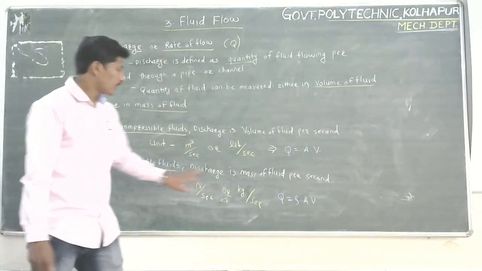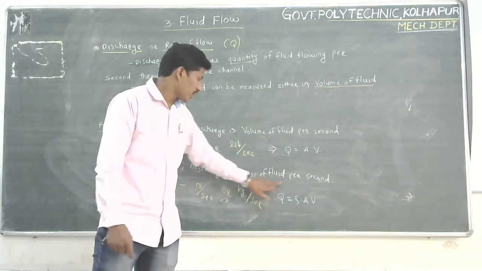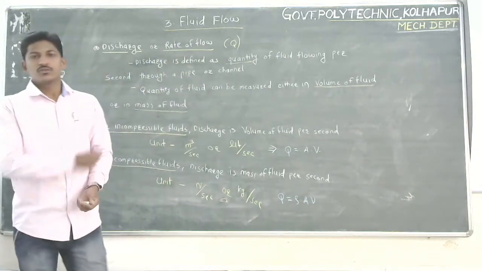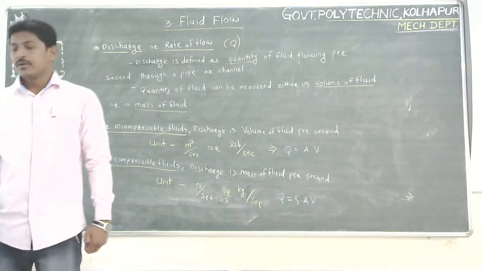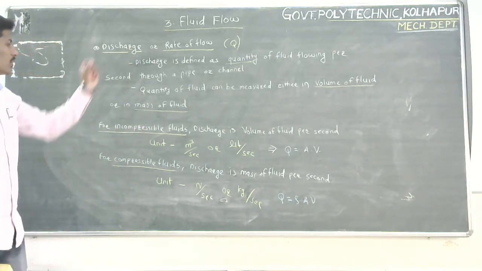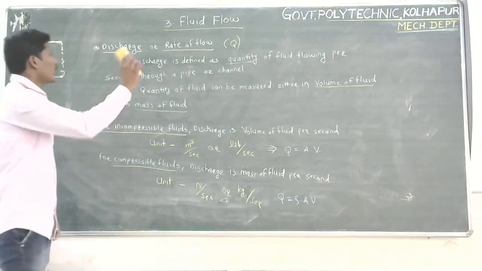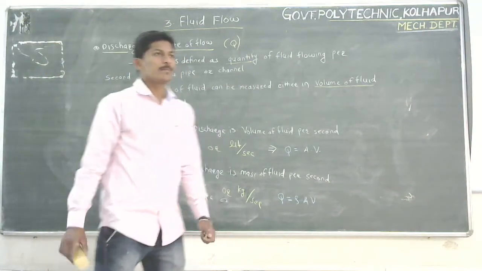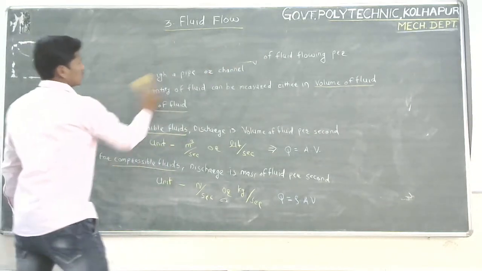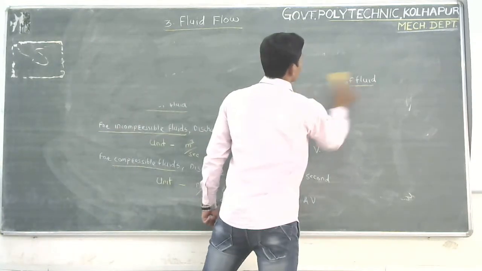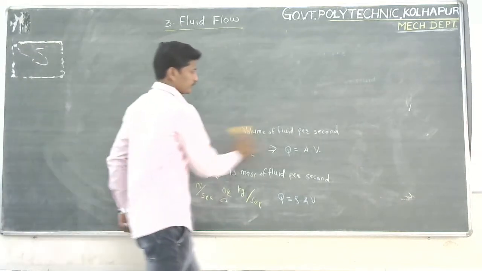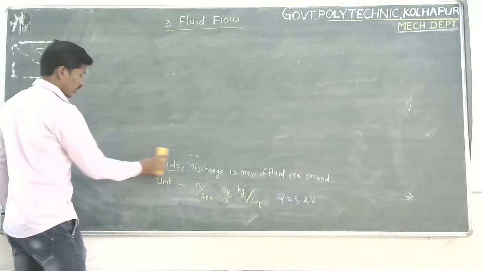For compressible fluids, as density varies from point to point, Q is equal to density into area into velocity. That point is very important, so remember this concept. Now we will move on to our next point, the continuity equation. This continuity equation is based on discharge or rate of flow.